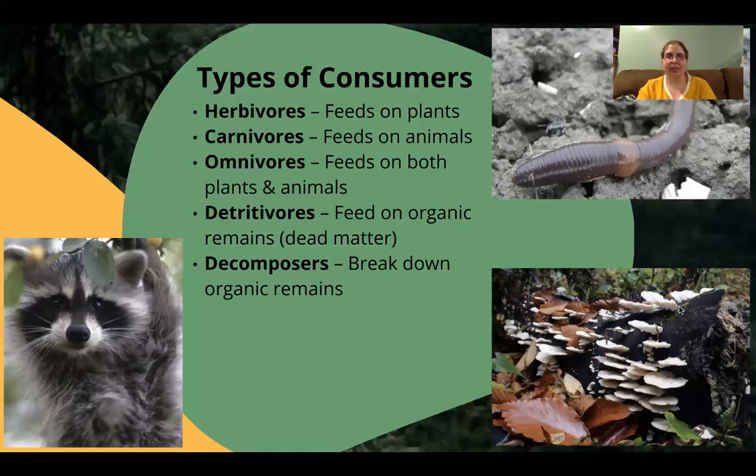Essentially, they're digesting the tree on the outside and then just absorbing what they need from it. So detritivores and decomposers both do get energy from organic remains. Detritivores actually eat the remains, and decomposers chemically break them down and absorb the nutrients.